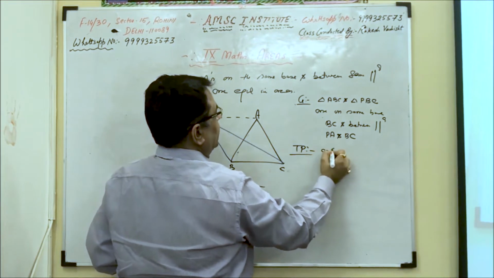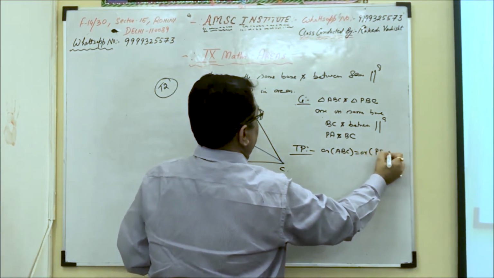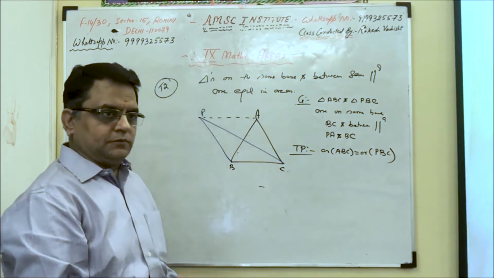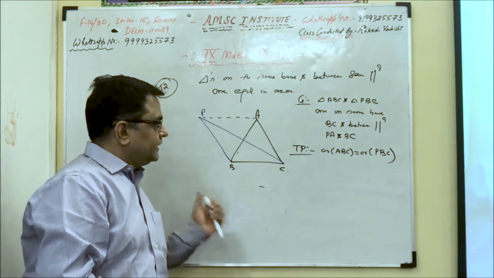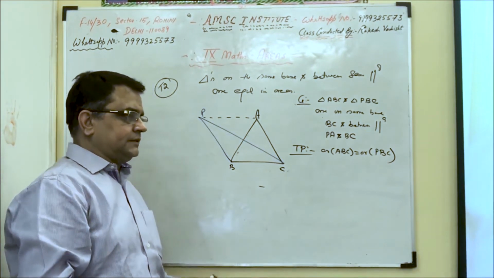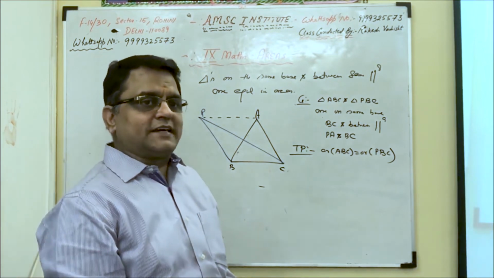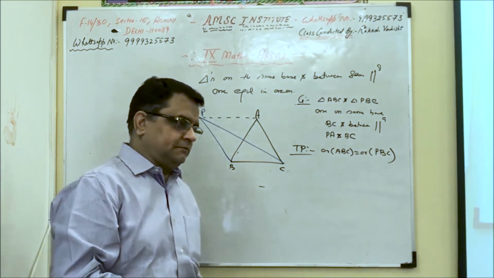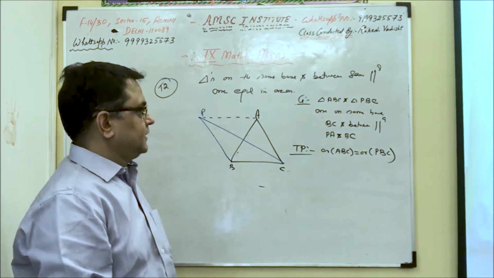To prove: area of ABC is equal to area of PBC. That's what we need to do, right? So here in this question also we'll be using the same concept, the concept of the very first theorem that states that the parallelograms on the same base and between the same parallels are equal in area.